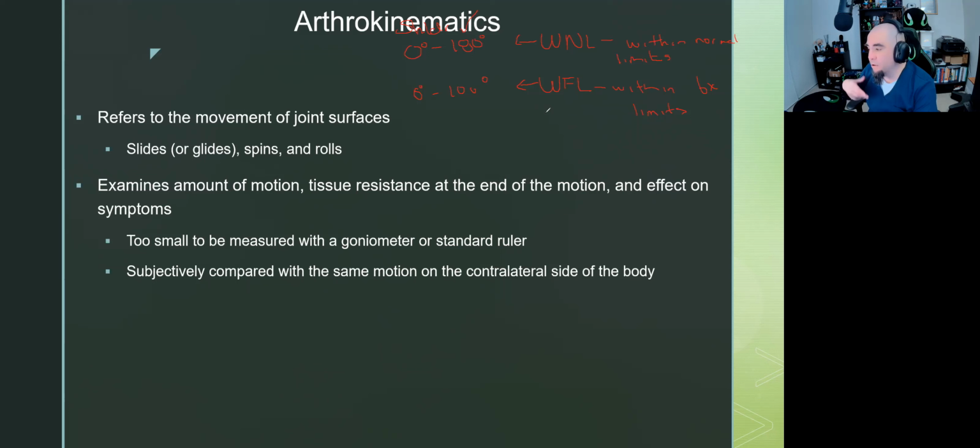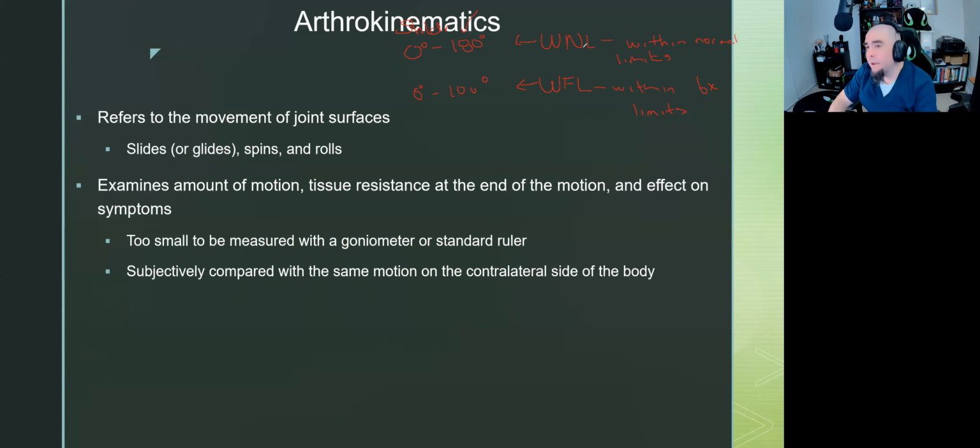So somewhere in that range, 0 to 100, 0 to 120, that patient can do most everything with their shoulder. They may not be able to do a pull-up or something like that, but for the most part they can do most of their normal life activities. So that's the difference between within normal limits and within functional limits. Within normal limits means they have everything. Within functional means they can do most things.